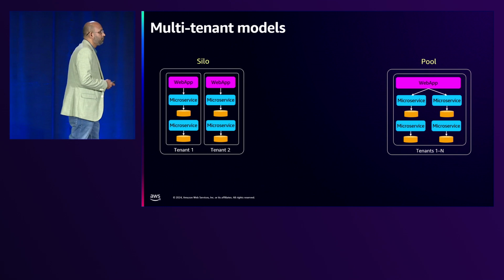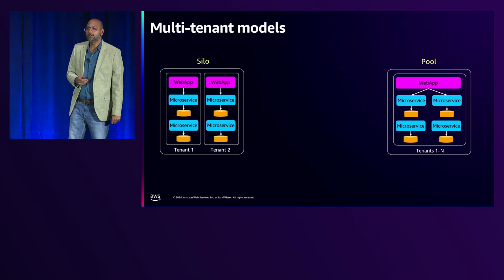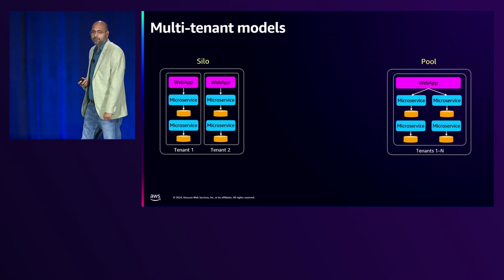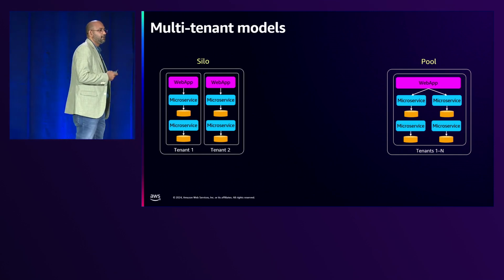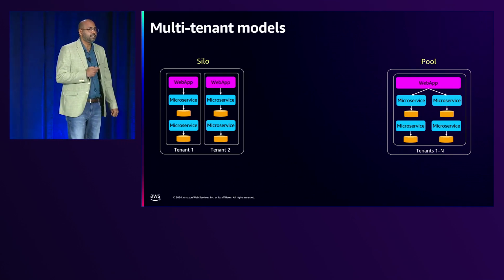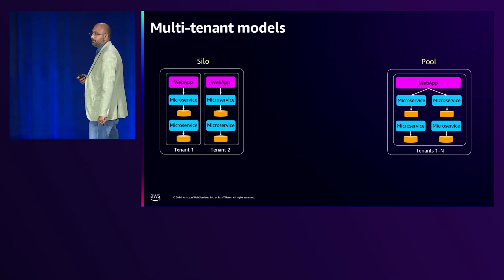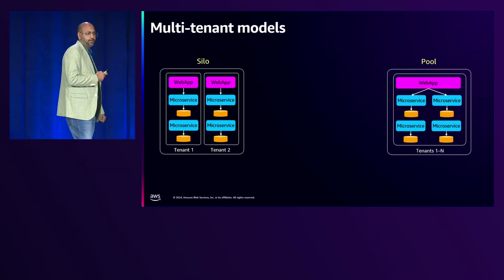The next model is the pool model, where instead of provisioning resources dedicated to individual tenants, we share the resources across the tenants, and we harness the power of the cloud to scale and to meet the different tenants' consumption, scaling and traffic patterns.